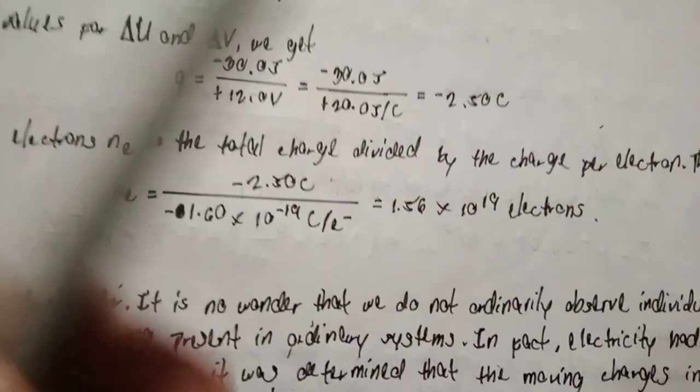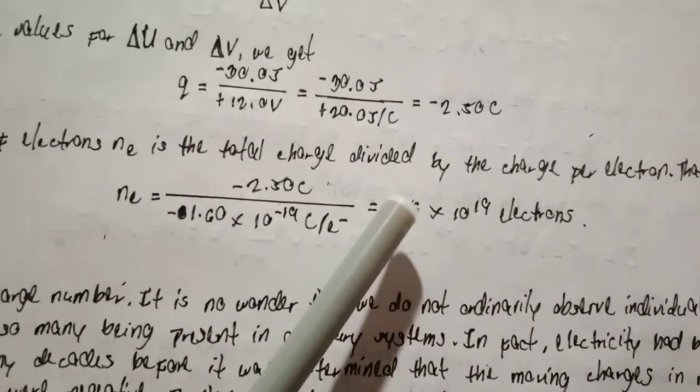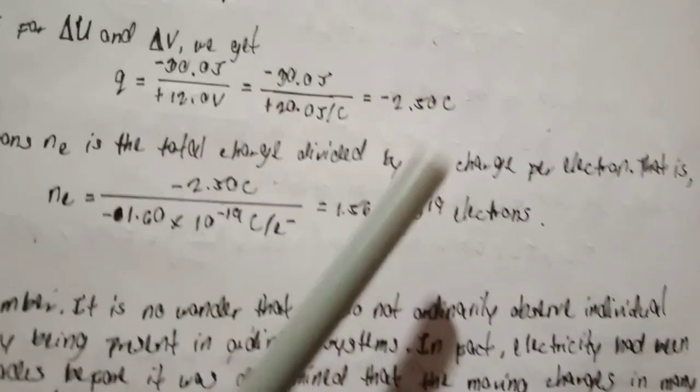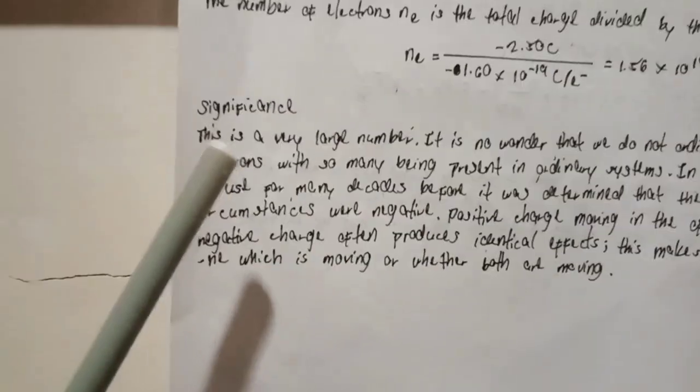So we're going to substitute. So this is the answer, 1.56 times 10 raised to the power of 19 electrons.